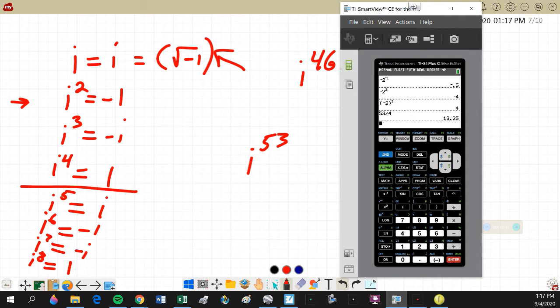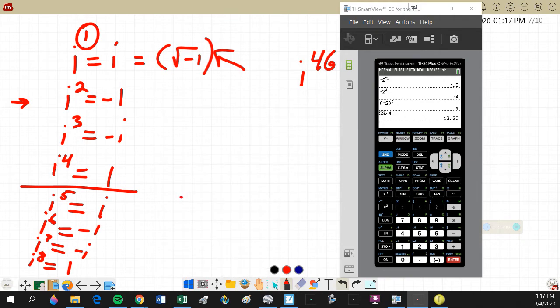How do you know? It's 1/4. So it must be the same as this, because the remainder is the same. The 0.25 is the same as 1/4, which means I went through 13 cycles and 1 step further.